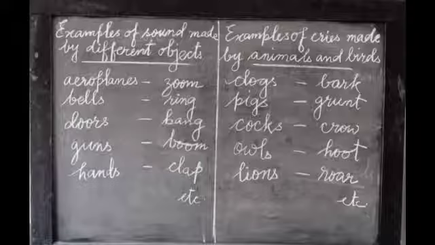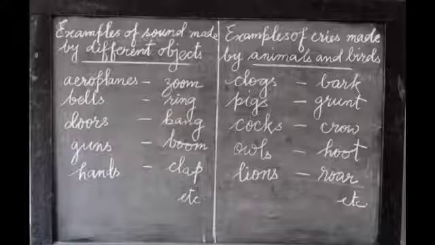The actual sound the dog gives out is not bark, bark, bark. Okay? But we give the word bark as the sound of a dog or a cry of a dog. Now pigs, when they make the sound, we relate the sound as grunt.